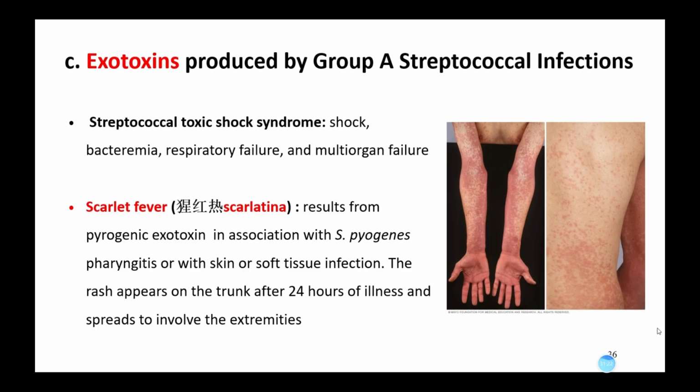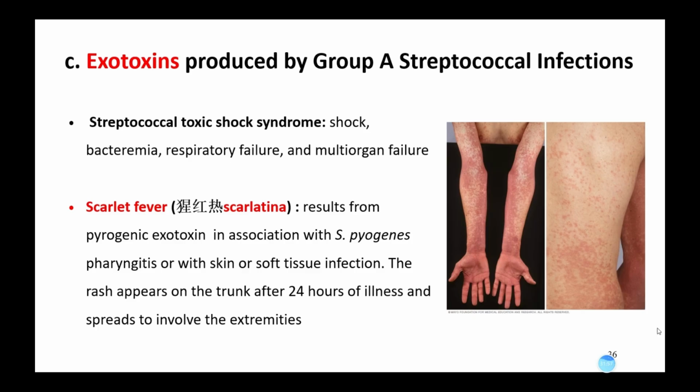Then it can spread to the arms and legs quickly with this typical red color. It's not common anymore, especially in recent years, due to the improvement of hygiene conditions. But recently, I saw some reports online that there are some cases reported in China. Some kids got scarlet fever due to this pathogen infection.